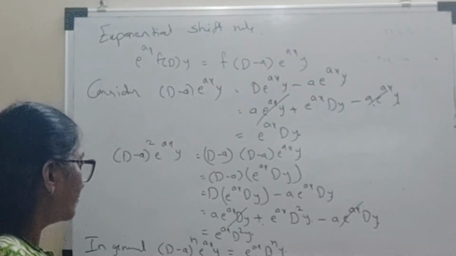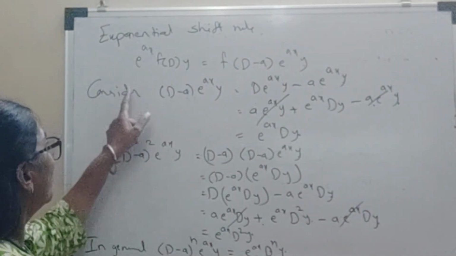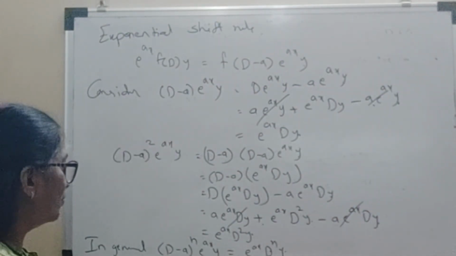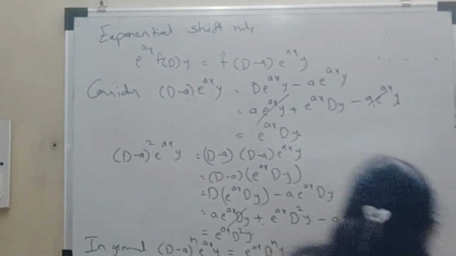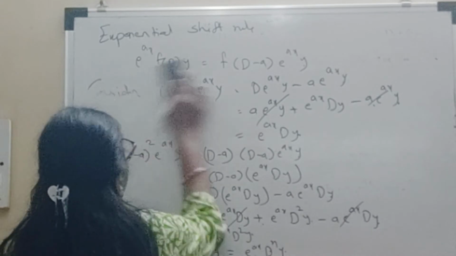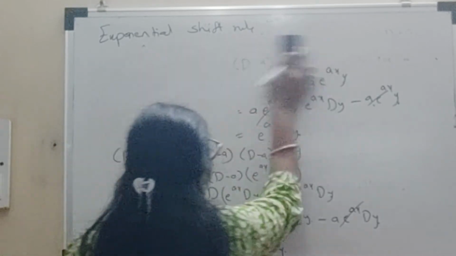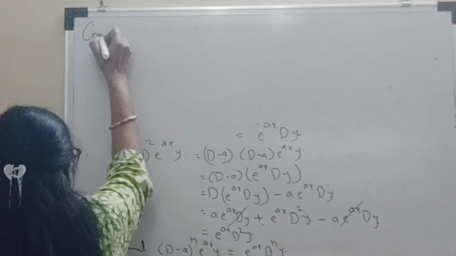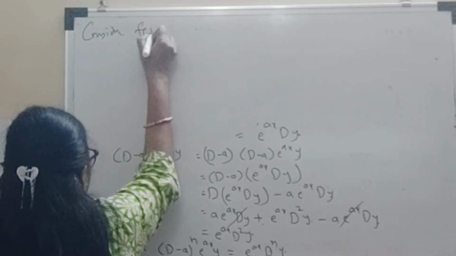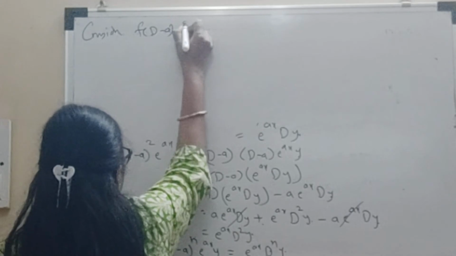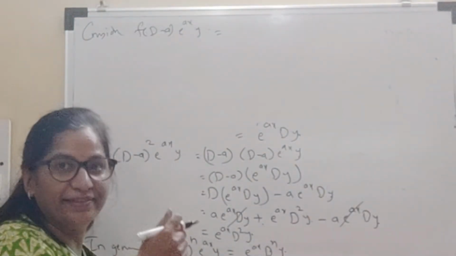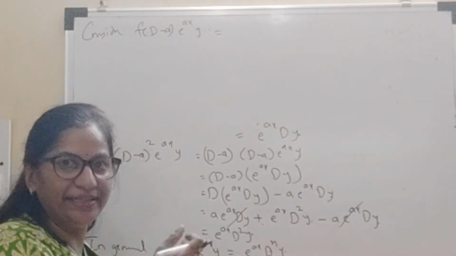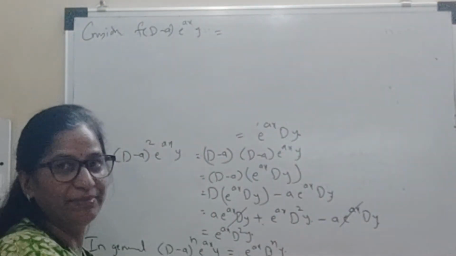Now we apply f(D) on this e^(ax)·y. For that, consider f(D − a) operating on e^(ax)·y. In f(D), replace D by D − a.